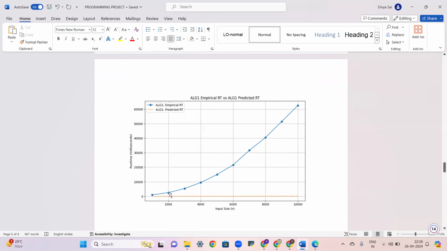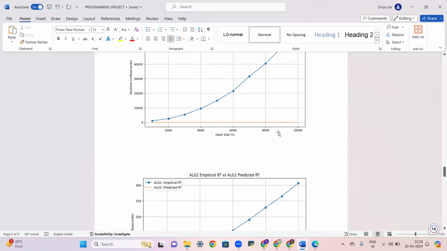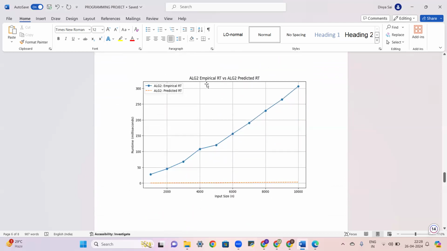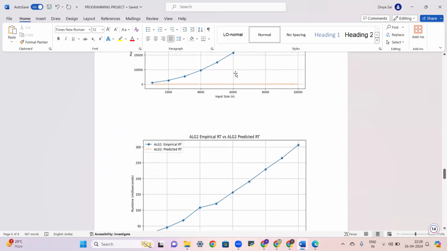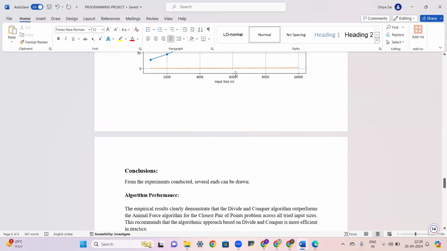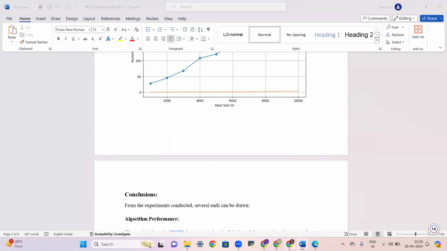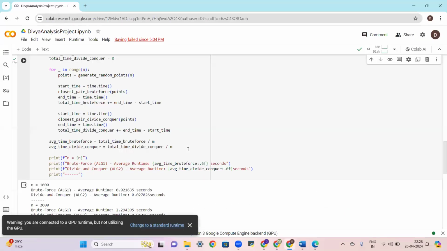And coming to the third graph, the empirical runtime for divide and conquer and the predicted runtime are plotted here. These three graphs are plotted using MATLAB. These are the results for my code.